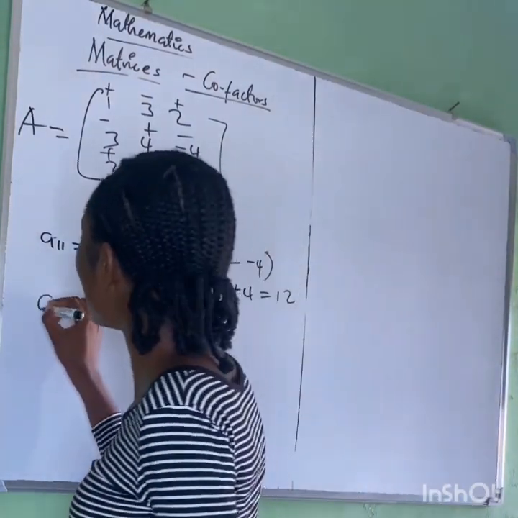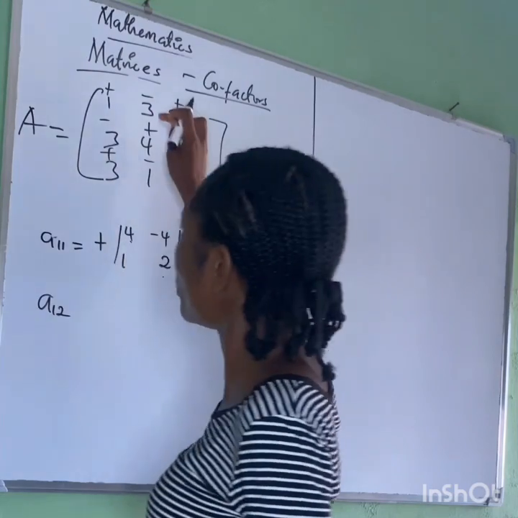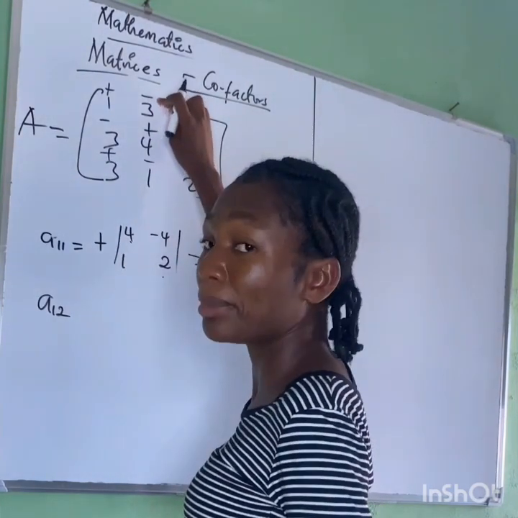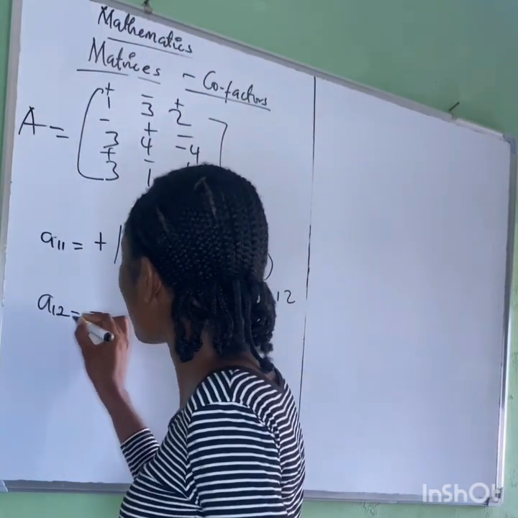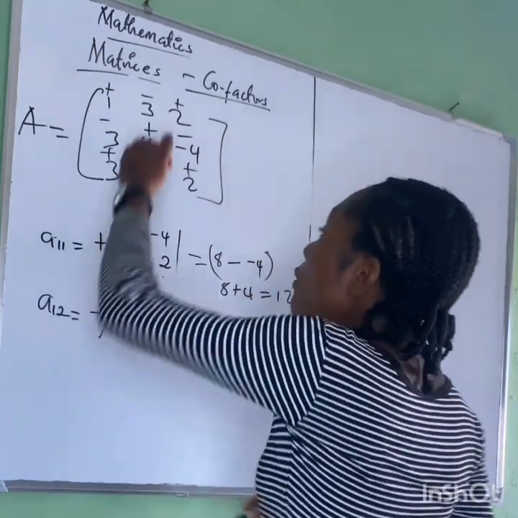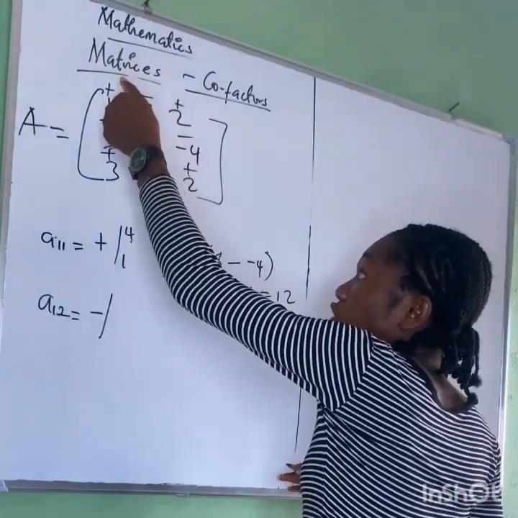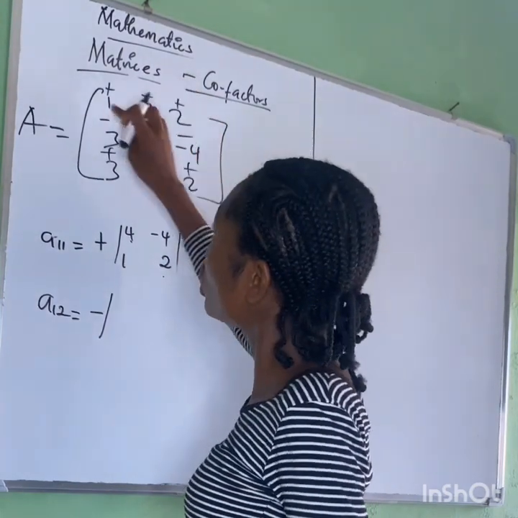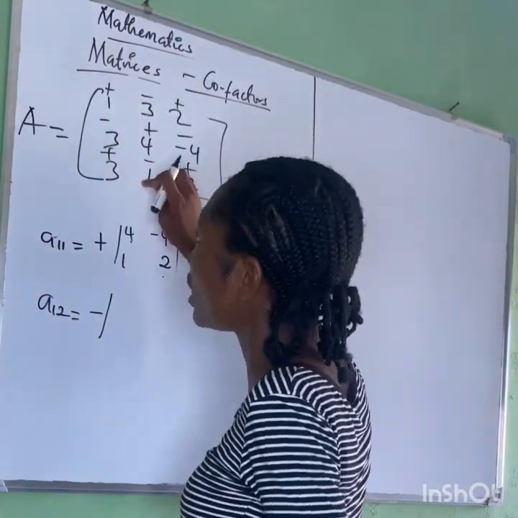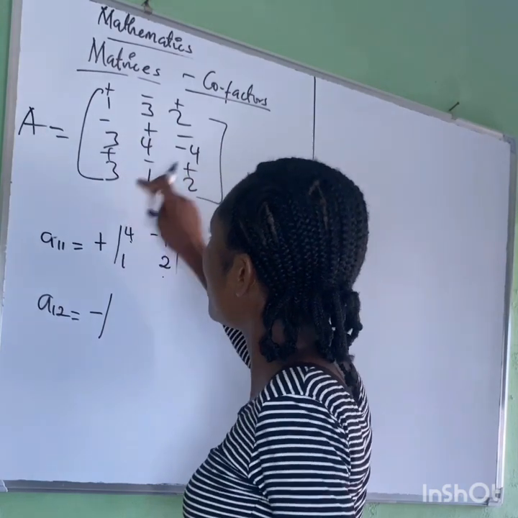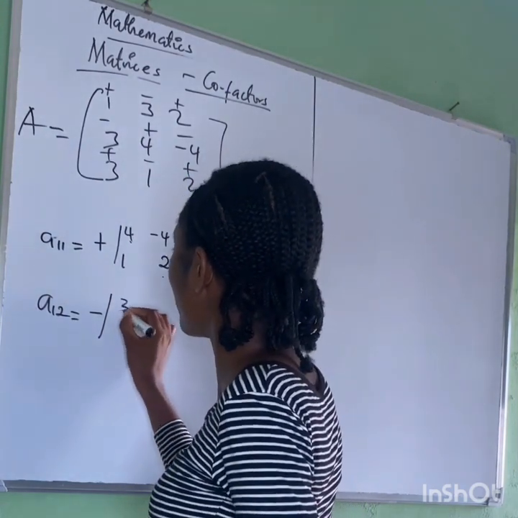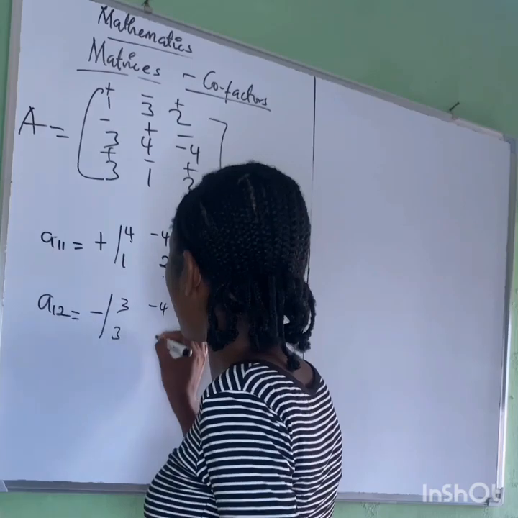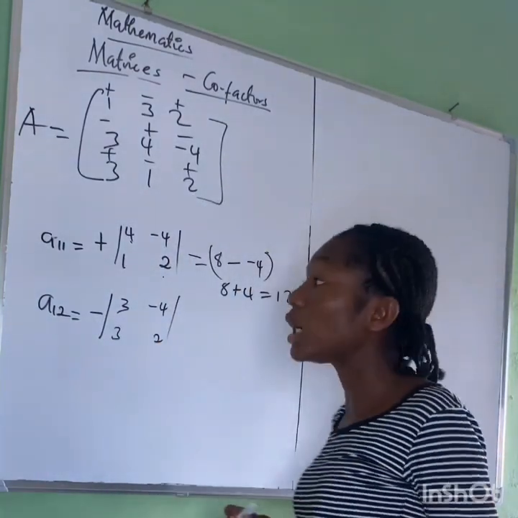Now the next one we have is for our first row, second column, which is this number. Our sign here is a minus, so we are only working with our sign and then our minor. Now when we pick our sign for the cofactors, we are eliminating the row and column where our 3 falls. So if we're eliminating the first row and then the second column, we're left with 3, minus 4 and 2. Now we'll still do the same thing.